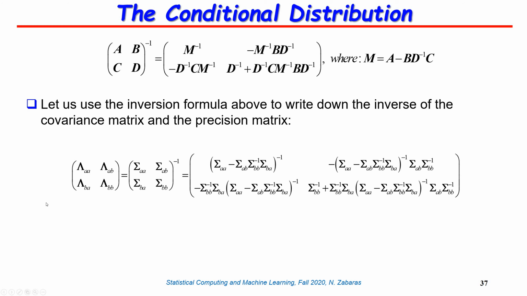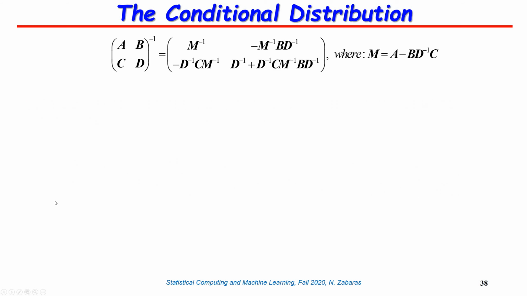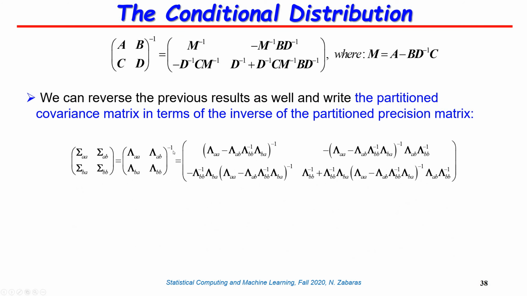And actually, I can do the inverse as well. I can write this formula for the inversion of the precision matrix, and that's the expansion that you see here. And I can set this equal to the partitioned covariance matrix.